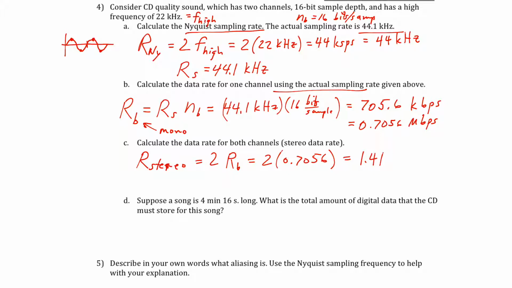Let me think for a second here. 0.7056, 0.7056, I don't want to get it wrong. 7056 doubled is 14112.